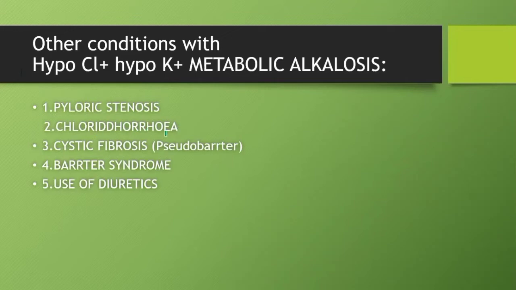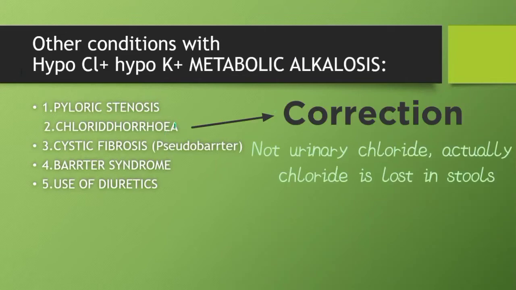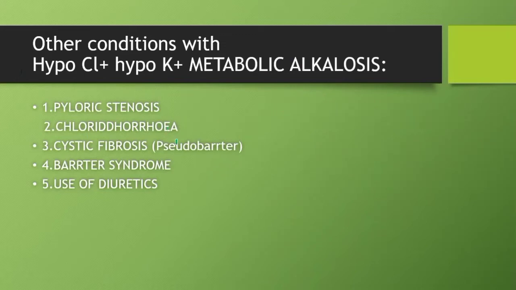There will be a history of diarrhea for about 3 to 4 months, and there will be huge loss of chloride. The urinary chloride will be very high. This is an important point. They'll give you the picture, and along with that they'll tell you urinary chloride is very high. So whenever urinary chloride is high, or excretion of chloride is high, you have to think about chloride diarrhea. It usually resolves after some time.